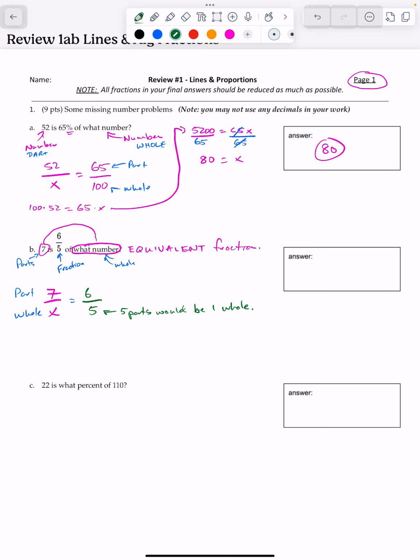So that's our whole, and that we have 6 parts. So this is the equation we want to solve. If we multiply through by both denominators, we get 7 times 5 equals 6 times x. So 35 equals 6x. And if we then divide both sides by 6, we get x equals 35 over 6. And that's our answer.